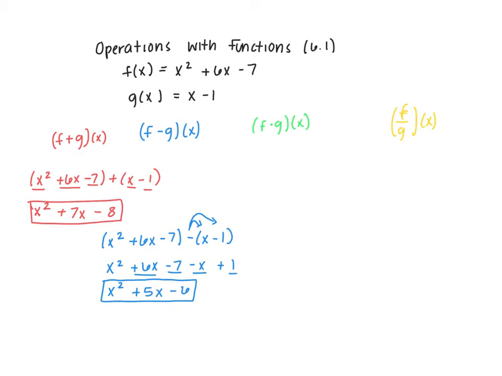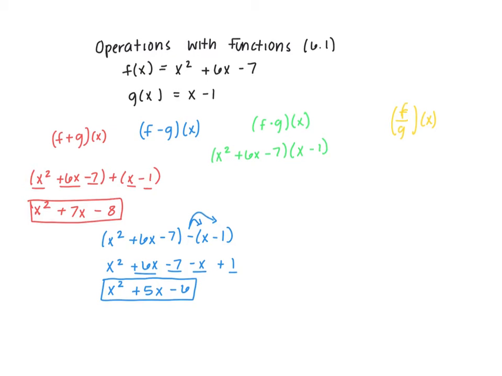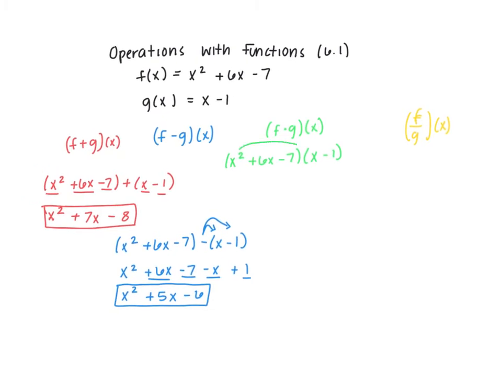Now with multiplication, it's important that we remember to use the FOIL technique. And even though our first function has more than two terms, we can still apply the same process. So we're going to take our first term, x squared, and multiply that by our first term in g of x, and that's going to give us x cubed. And then we're going to multiply that by minus 1.